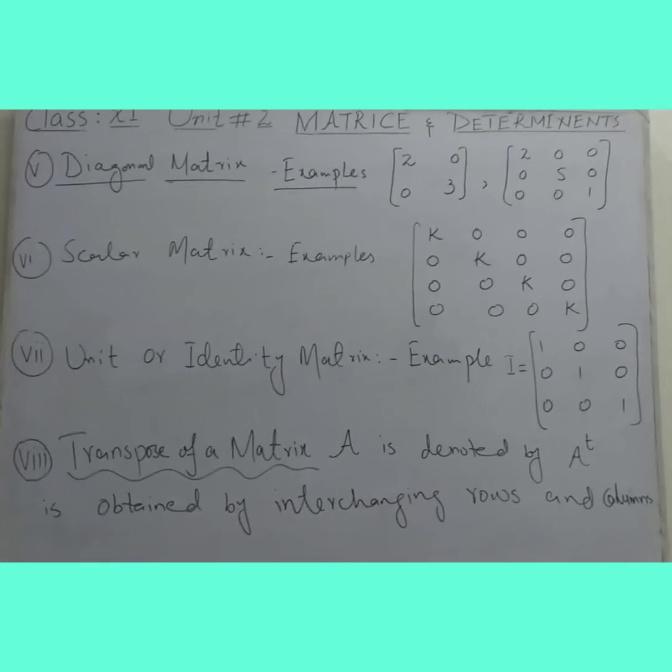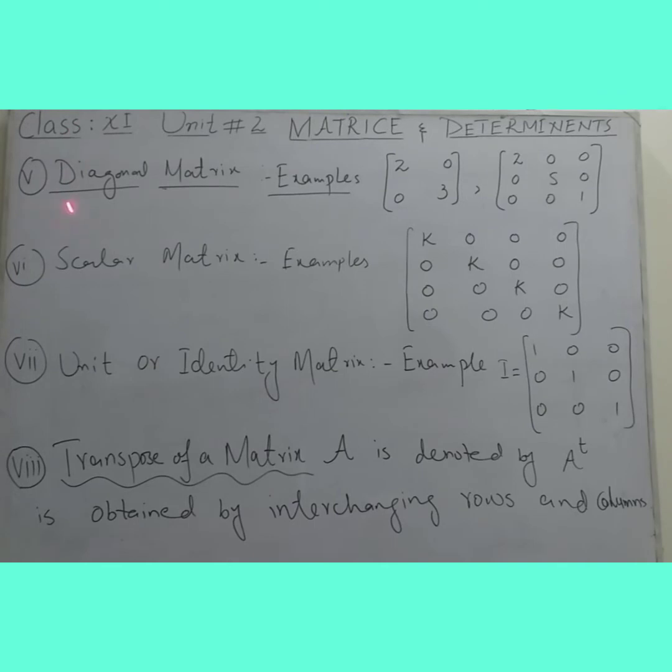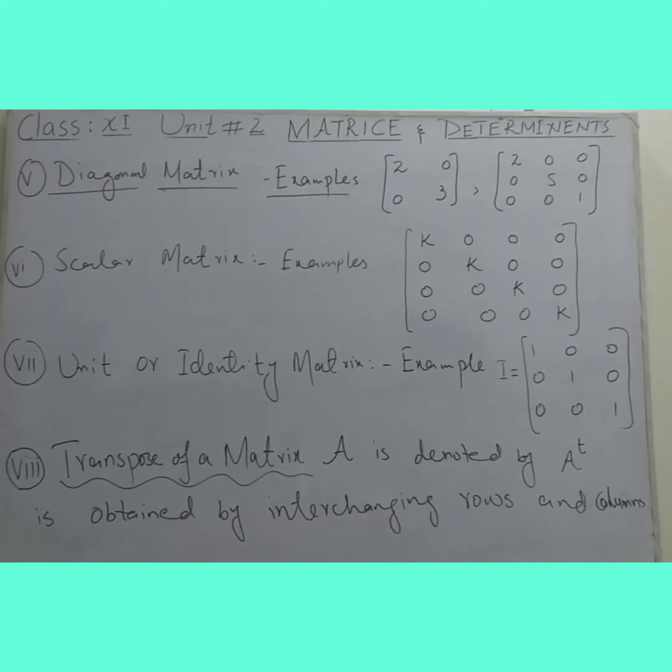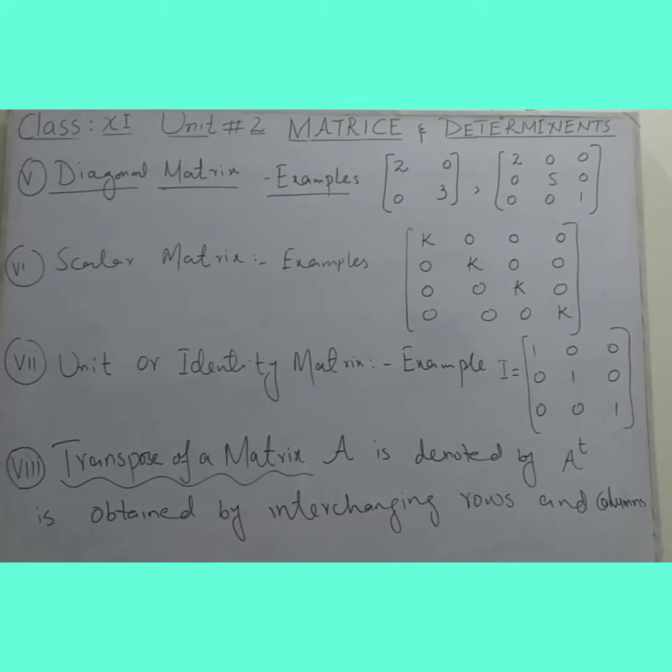That is, a proper definition for a diagonal matrix is: a square matrix is called a diagonal matrix if all its non-diagonal elements are 0. For example, we have main diagonal 2, 3 and non-diagonal elements are 0. Here, the main diagonal is 2, 5, 1 and the remaining elements are 0.